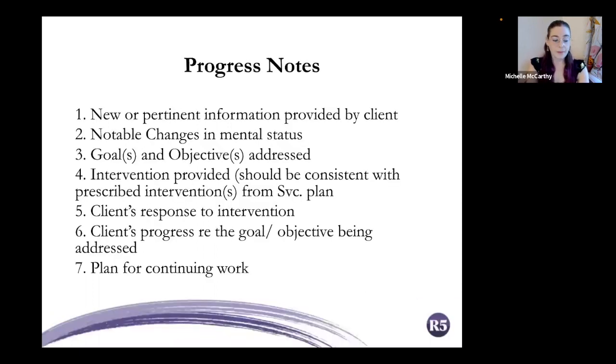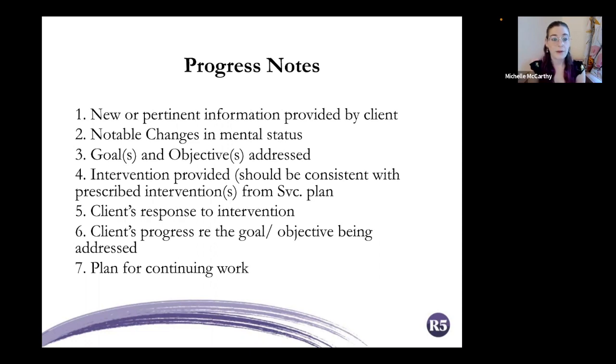All right, I'm going to move on. Progress notes. Progress notes are going to involve, like I said, an overview of what you're doing with the client each time you meet with them.